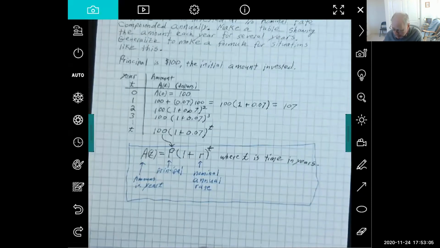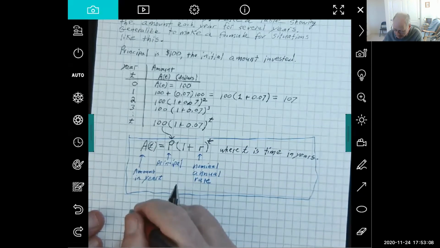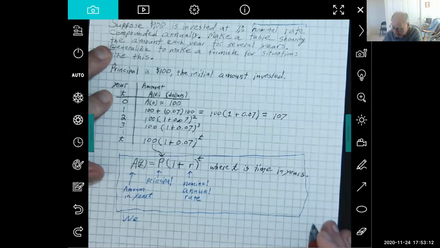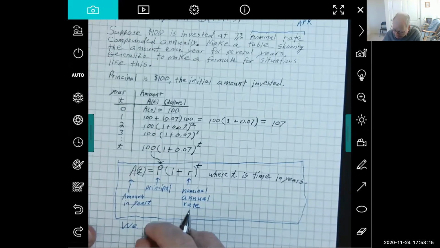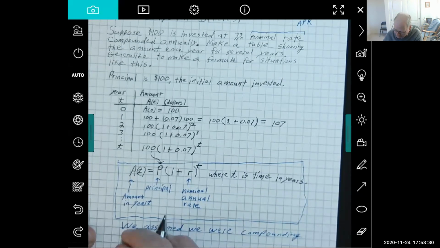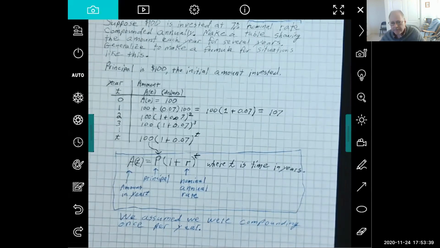And in this story, it was set up, we were compounding once a year. Okay.